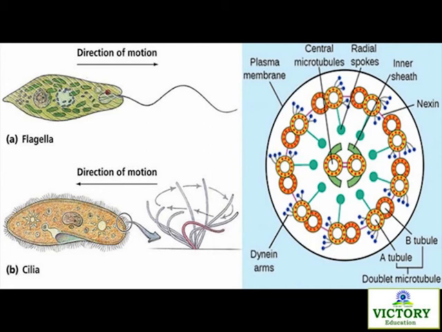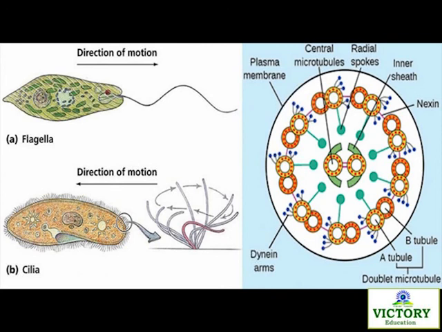That's called the central microtubules. And you can see a sheet coming out of them, which is an inner sheet. Outside you can see two circles combined. They are called a double microtubule, for example A tubule or B tubule. And you can see small hair-like things coming off the circles. They are called dynein arms.